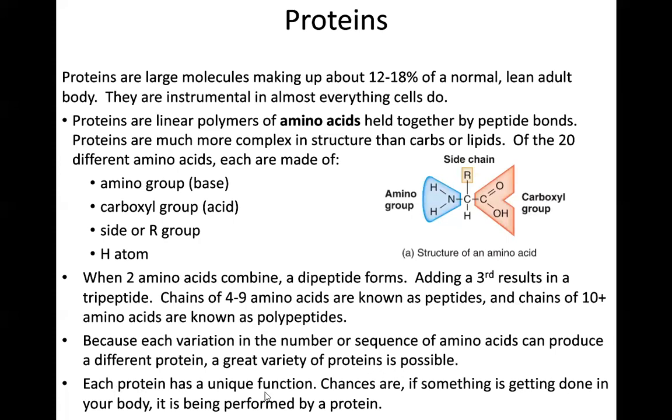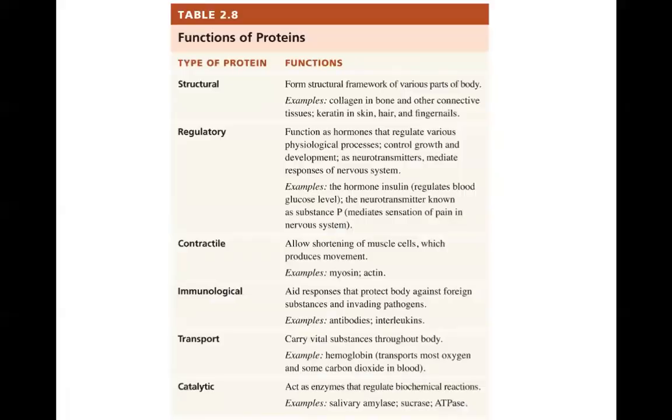Each of those proteins that we make is unique in function, just like each word is a unique word, means something different, right? Chances are, and this is a phrase I really love, if something's getting done in our body, it's being performed by a protein, which is demonstrated here with table 2.8.